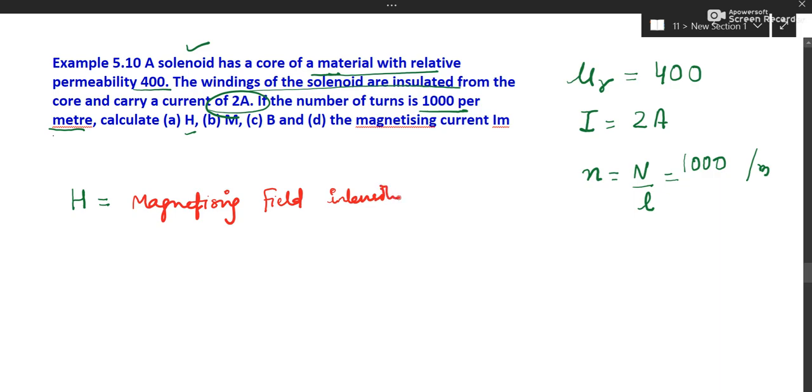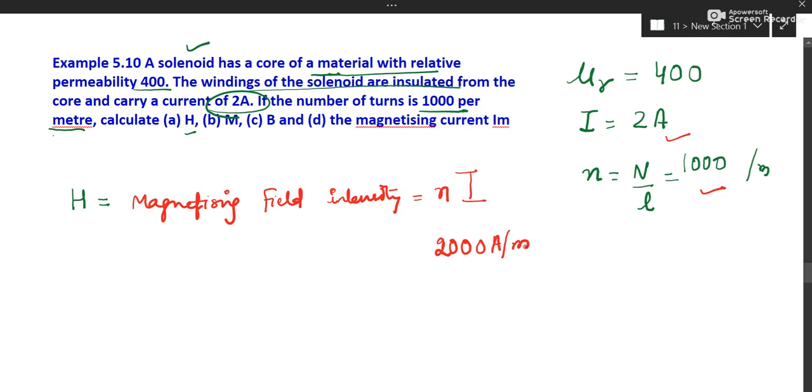So we will use the formula. If you remember, it is n into I. So n is given and I is given, so we can obtain the result. It will be 2000 ampere per meter.